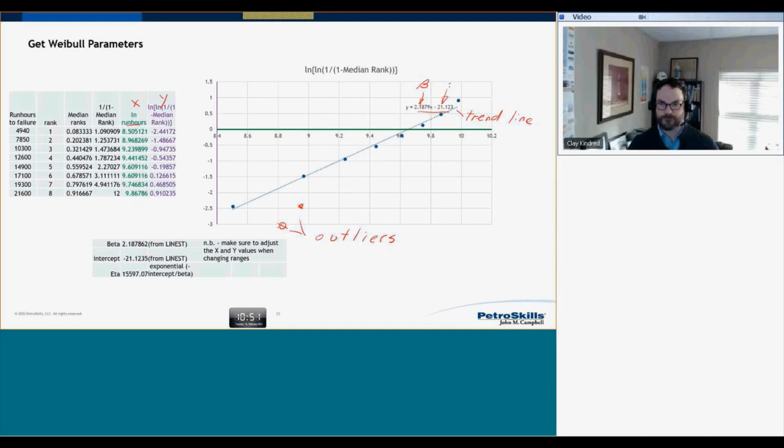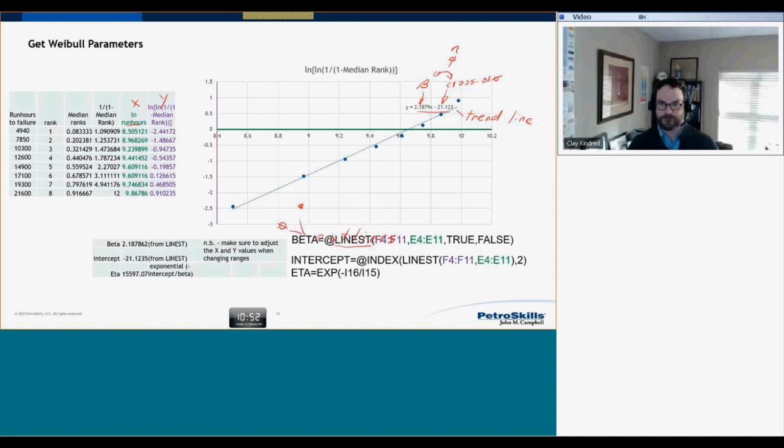This is the crossover. I'm going to use these two together to calculate eta. What I could do is use this directly in Excel, using something called LINEST, a line estimator. This is my y-axis data, this is my x-axis data. I use true and false to get a good number out of there, and it gives me my beta factor as a number.